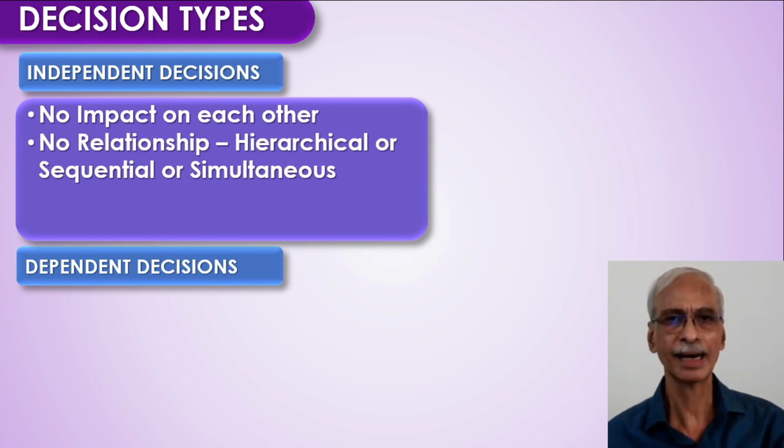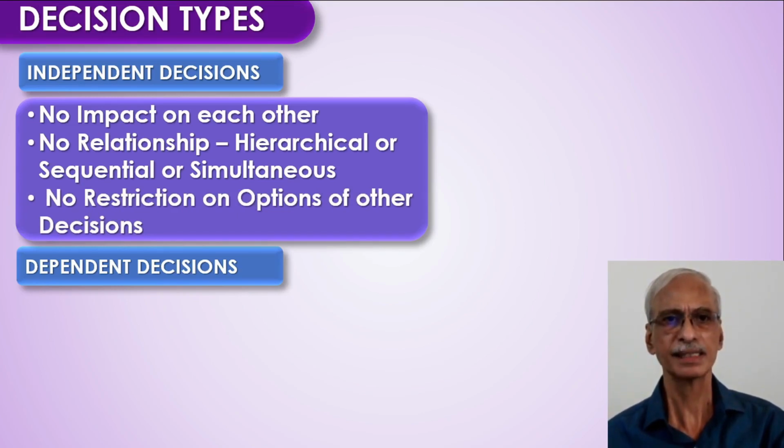They do not have a hierarchical relationship, meaning if I take one decision, then I have a series of things to decide which are constrained by the particular decision I have made, or they have to be made in a particular order or sequence, or they have to be made together or simultaneously.